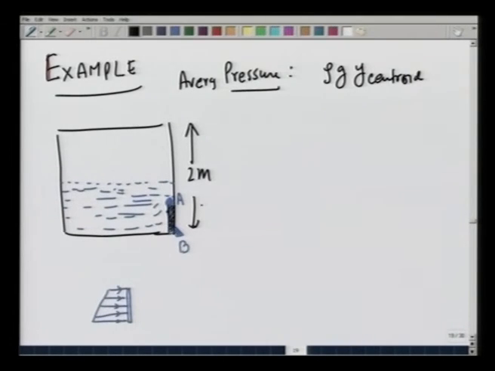Since this is 0.5 meters, the centroid is 0.25 meters below A, and therefore 0.75 meters below the surface of the water, and therefore average pressure on this door is going to be rho, which is 1000, times g 9.8, times y centroid, which is 0.75 meters.